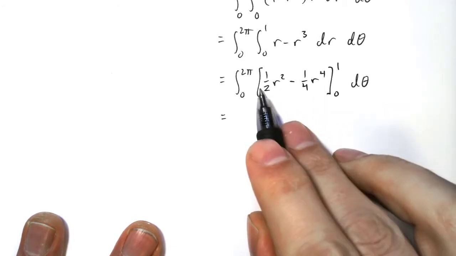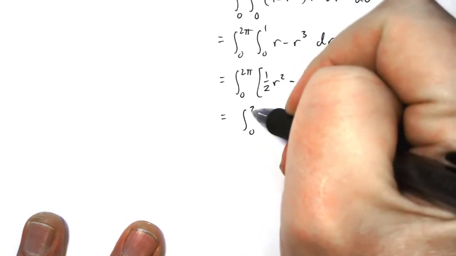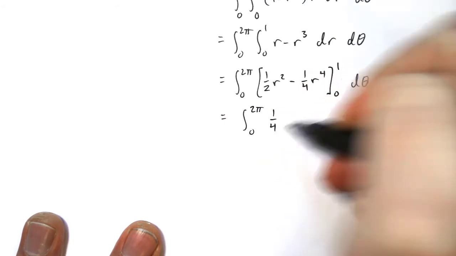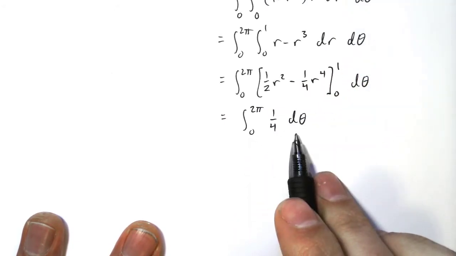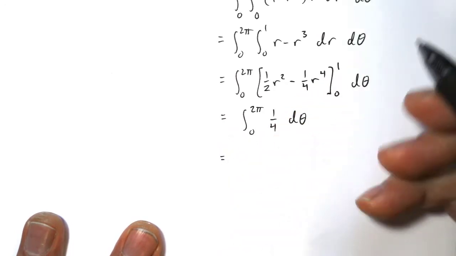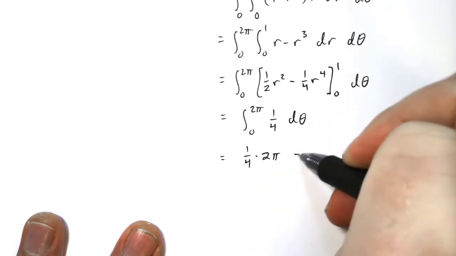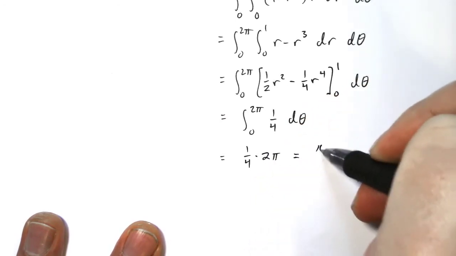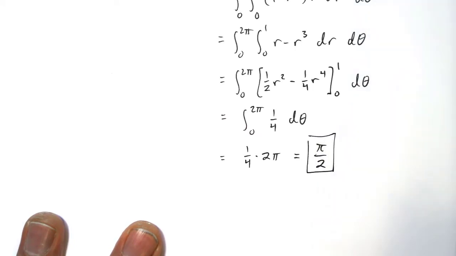When I plug in 0 for r, I get 0. So 1/2 minus 1/4 is the answer. That's 1/4. Okay, so now we're just doing this integral, and I think you can see from single variable calculus that's pretty easy to do. That's just going to be 1/4 times 2 pi, or in other words, pi over 2. And that's the value of our area integral.